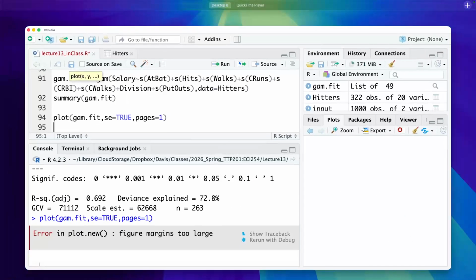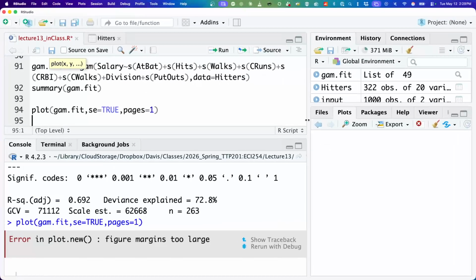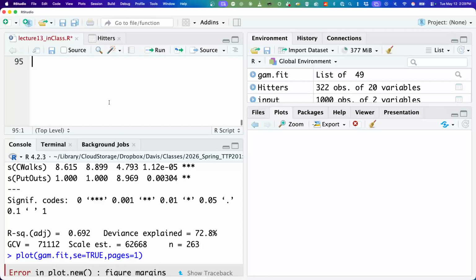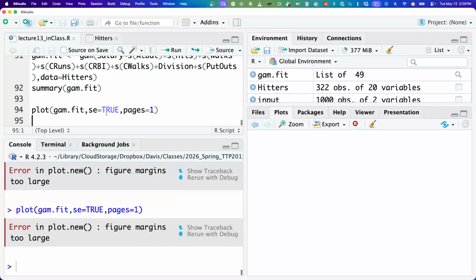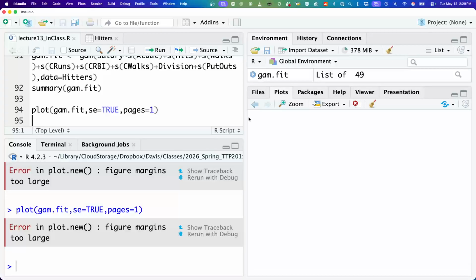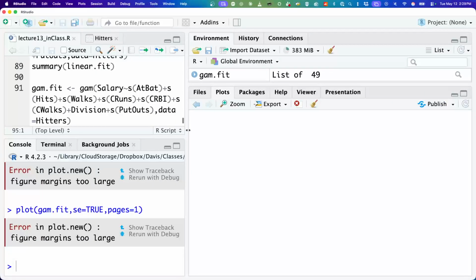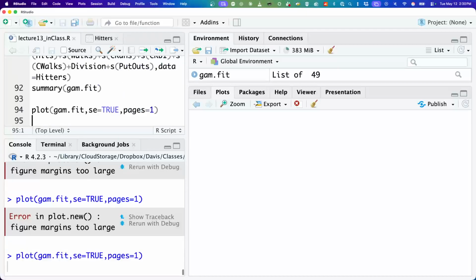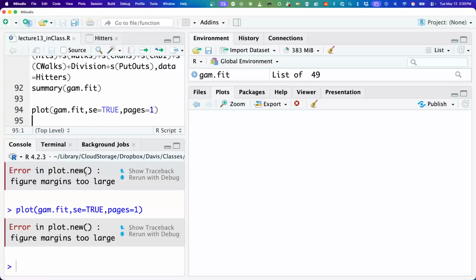It's really annoying that the figure margins mess this up.